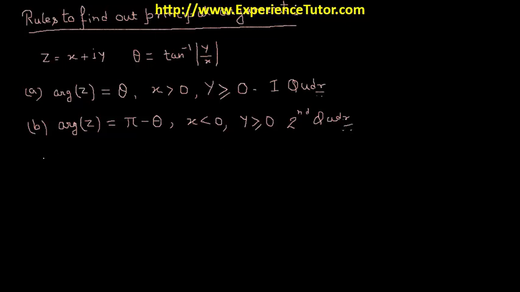Third rule is argument z is equal to theta minus pi, if x is less than 0 and y is less than 0. Here the point lies in the third quadrant.